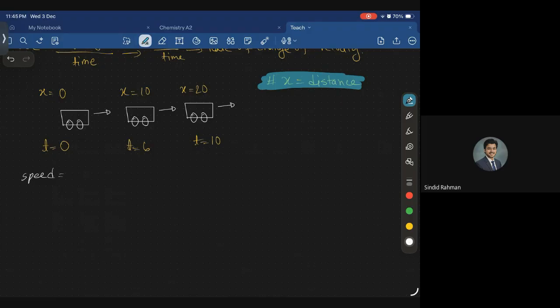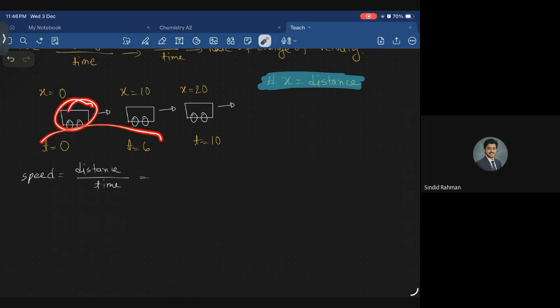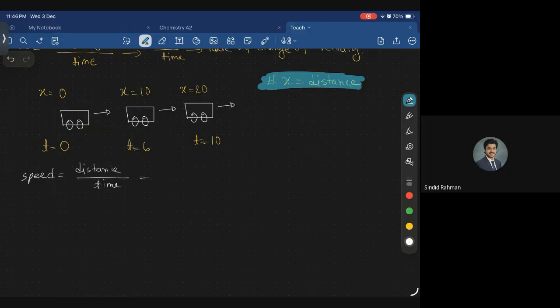Speed is again the distance divided by time. So it is basically a rate of change, the rate of distance. We don't say it like that, but for your understanding, it's the rate of how much the car is traveling in a particular time. Clear? Yeah, clear.